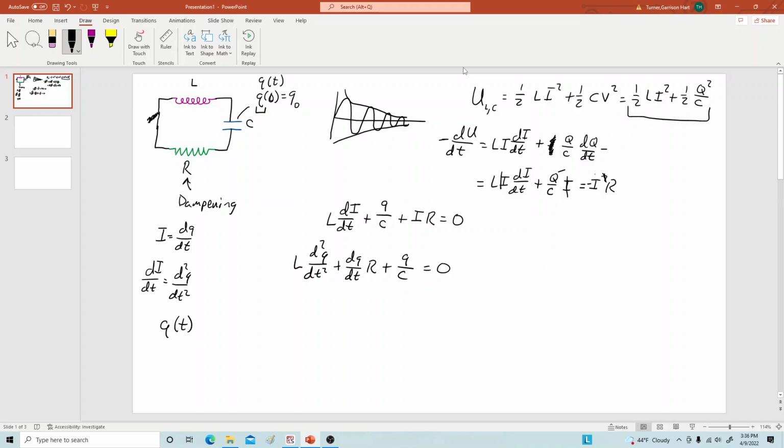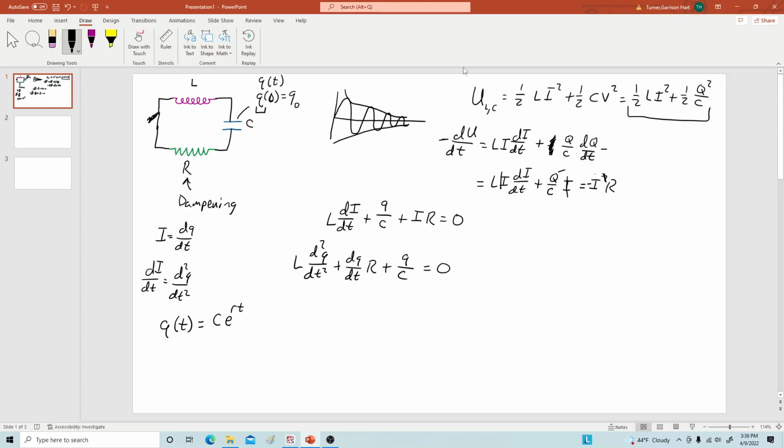So what we do is we're going to assume that I can write my function q of t in the form of some constant times e to the rt. And r is what is going to be known as an eigenvalue.